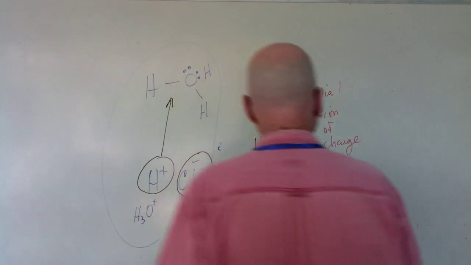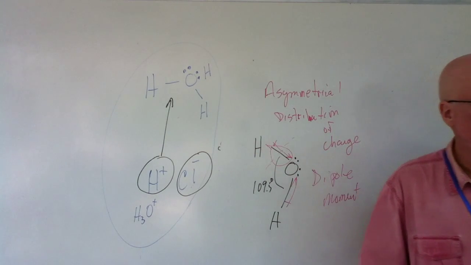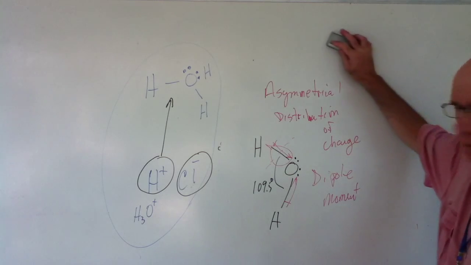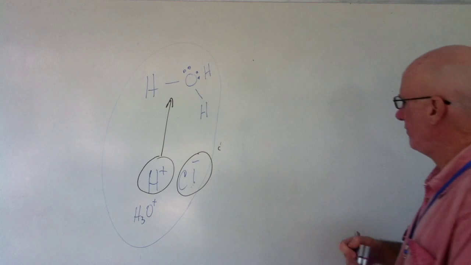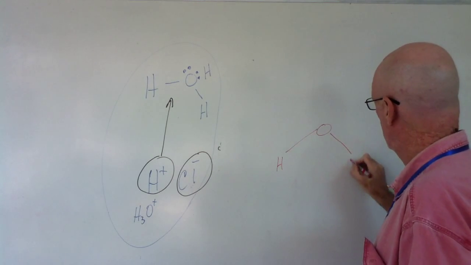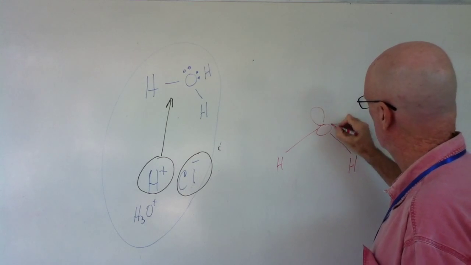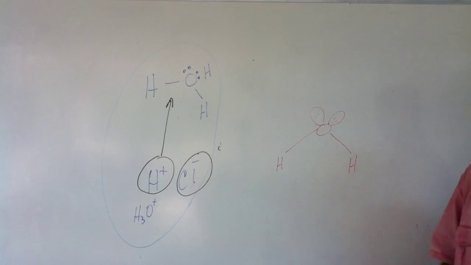Okay, so do you see that you have this dipole moment, right? Yes or no? Okay, now, can I erase this? Now, so you have this hydrogen, oxygen, hydrogen. You have these electrons, you have this unbonded pair up here, okay?